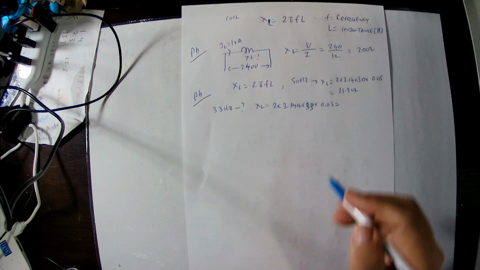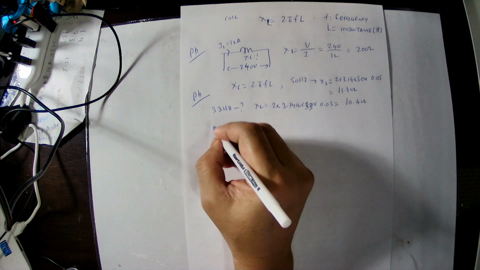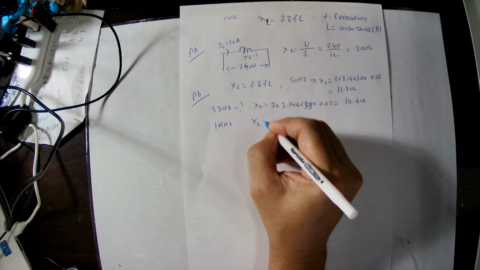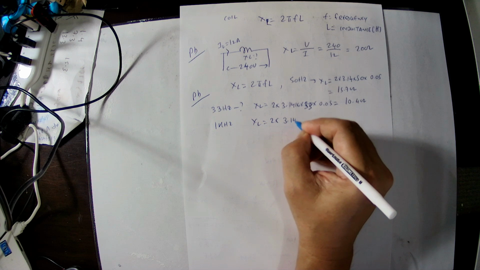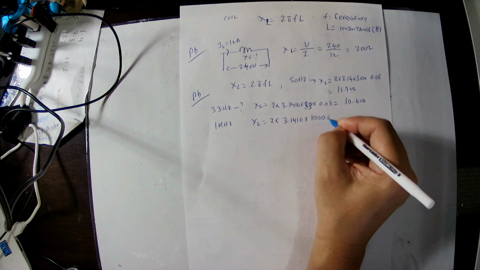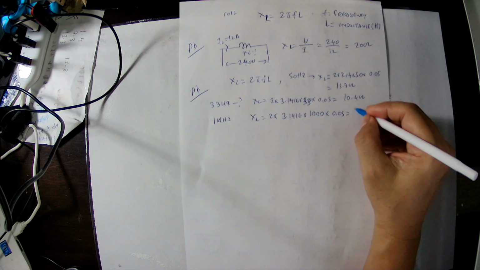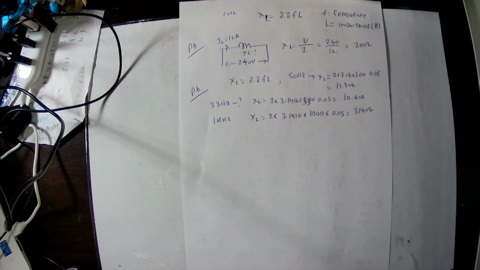And also the 1 kilohertz: XL is 2 into 3.1416, 1 kilohertz is 1000, multiply 0.05. So that will be 3140. That way we calculate the inductive reactance at different frequencies. Although the inductance value is not changing, due to the effect of the frequency, the inductive reactance is changing. So this is how we can calculate inductive reactance.